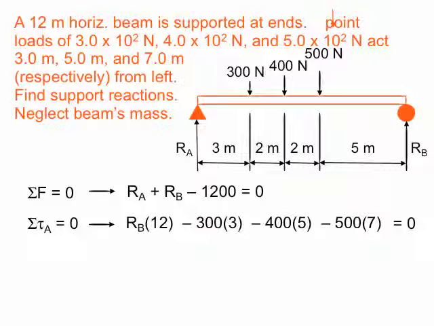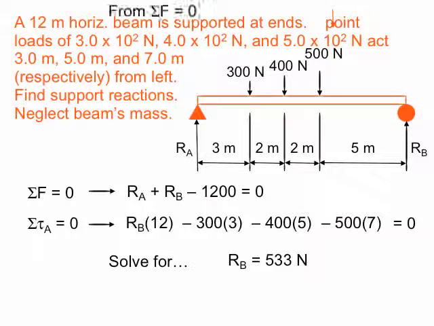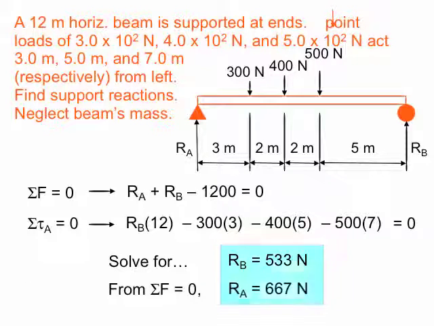All of that's got to equal 0. Okay? Solving for RB gives you 533 newtons. Okay, then going for what A is, it's 667. Simple.